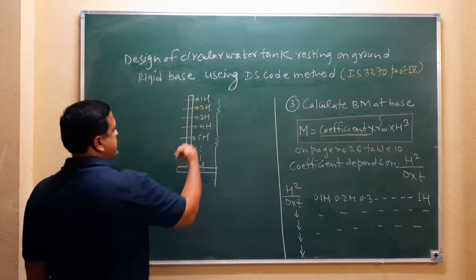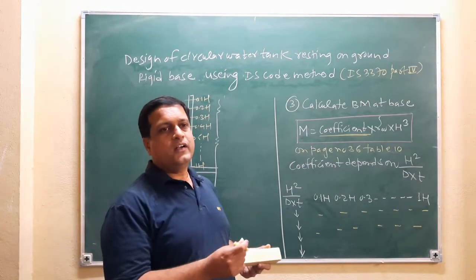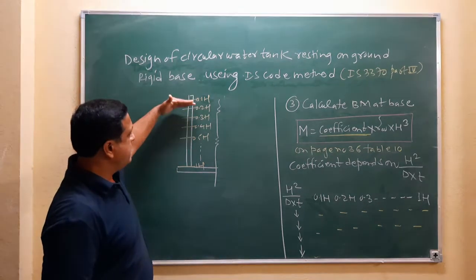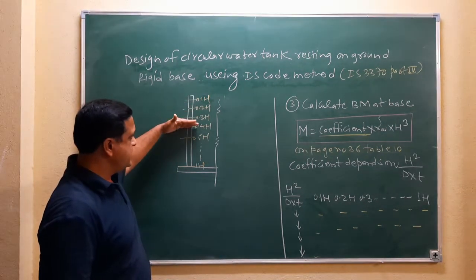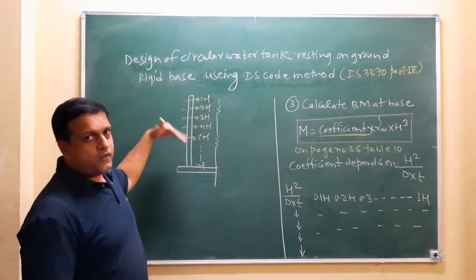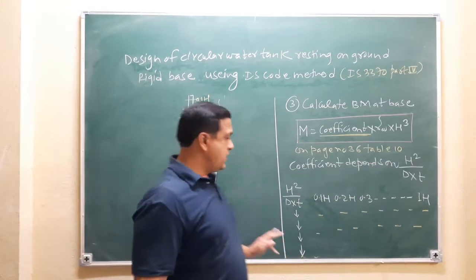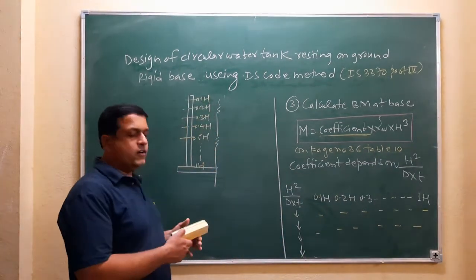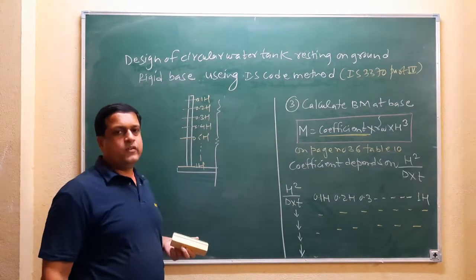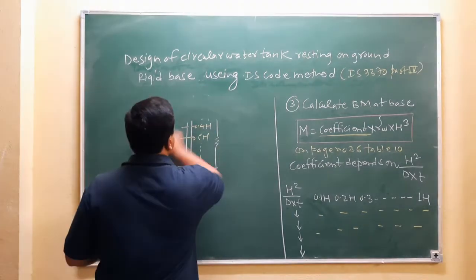At each level of the water tank wall, at each section of this wall, these coefficients are given, and you have to find out the maximum coefficient and calculate the bending moment, isn't it? Now I will draw this.